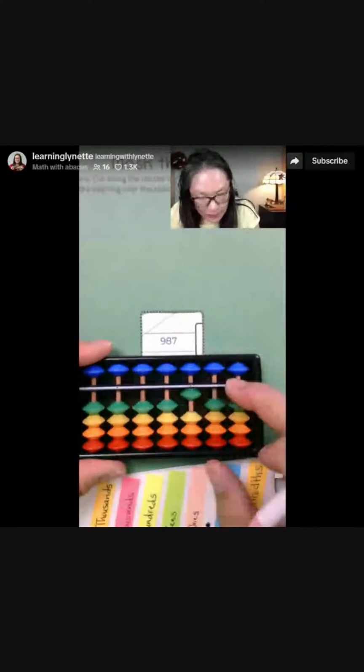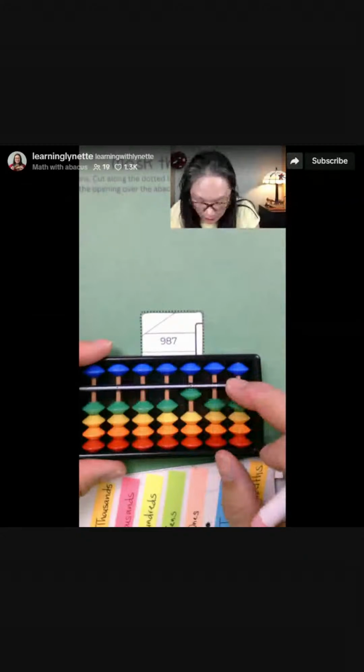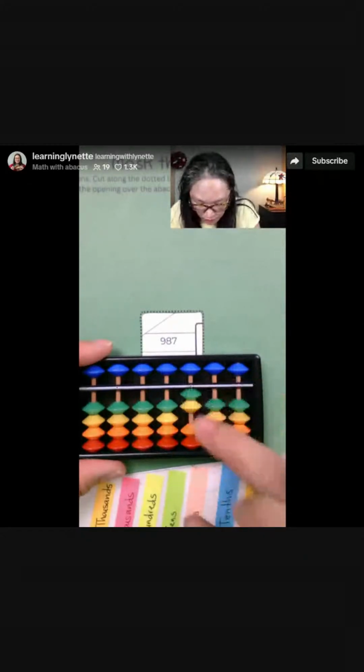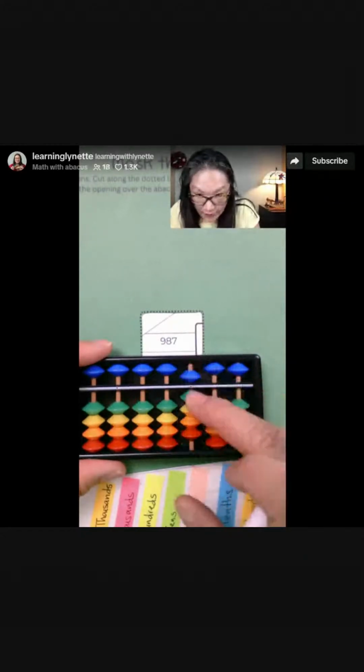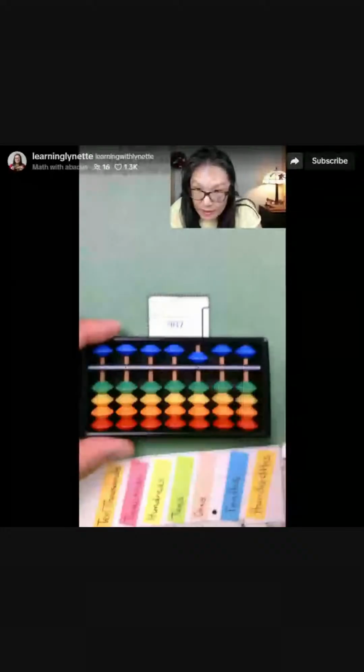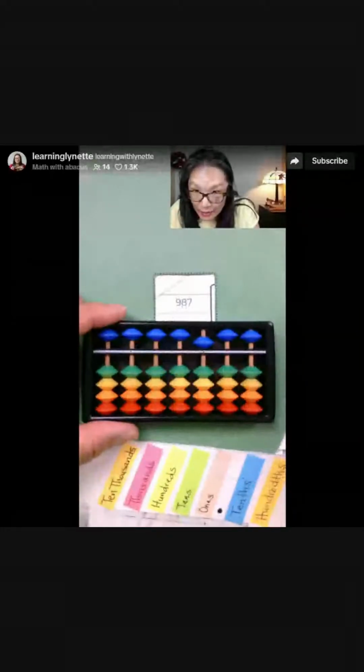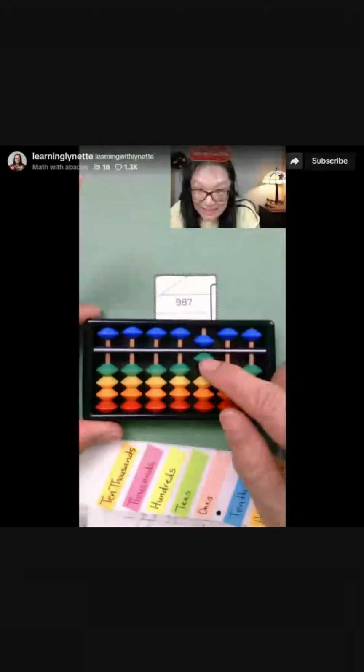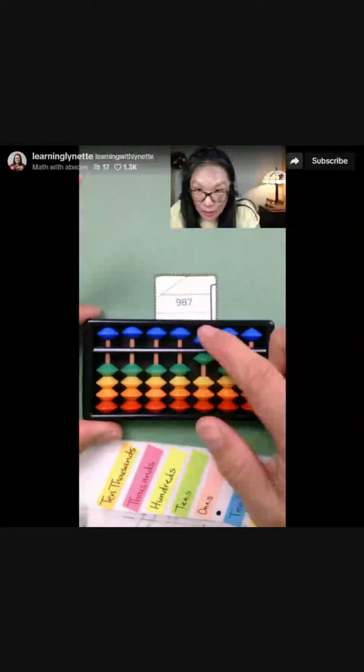So we have 1, 2, 3, 4. And then we have 5. Because we have 5, now we can add it. When we look, we know this is 1. We add the 5. Now we have 6, right? 5 plus 1 is 6. Does that make sense, Camden? When I have 2 and I add the 5, now I have 7.